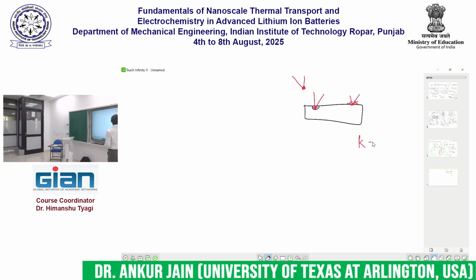Let's say K equals Q over delta T. Let me just simplify things for a little bit. I'm trying to make a point here. Suppose you measure Q and Q turns out to be 1 watt, or just say 1, okay? And suppose delta T turns out to be 3. This is from my measurement, okay?